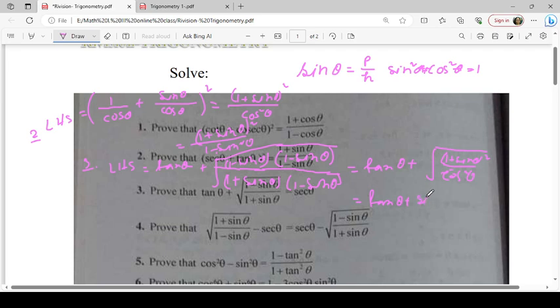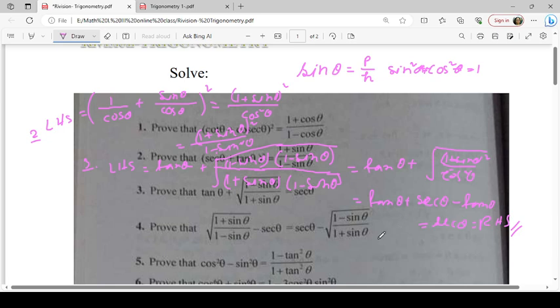1 by cos theta is sec theta, and sine theta by cos theta is, oh sorry, it is minus. It is minus, 1 minus sine theta whole square. So we get here tan theta minus tan theta, and this tan theta goes, so sec theta remains. It is equal to the right hand side. So this is the procedure, a simple thing.